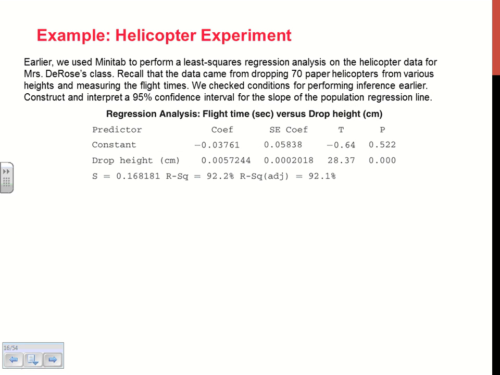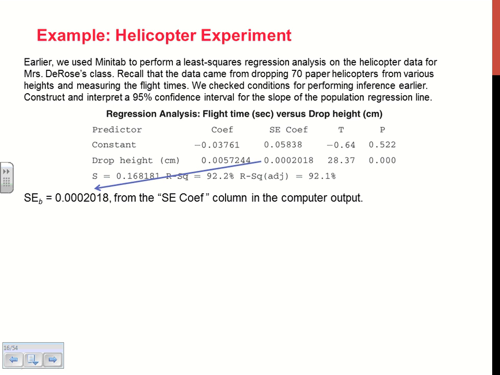So let's look at this one again, back to that helicopter. We just saw that. Construct and interpret a 95% confidence interval. We already checked the conditions, so we don't have to do that again right now, but if we had never checked them, then we would have to. We did that just a little bit ago. If you want to check them again, great, or look back to your notes. So here we can find our standard error.